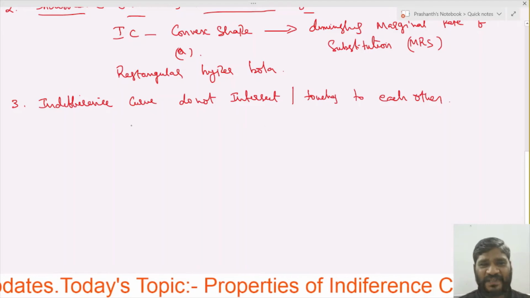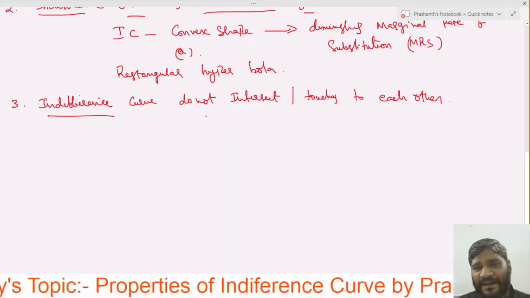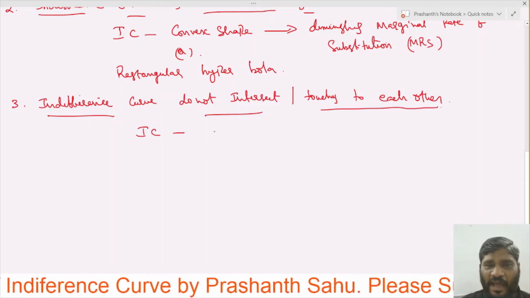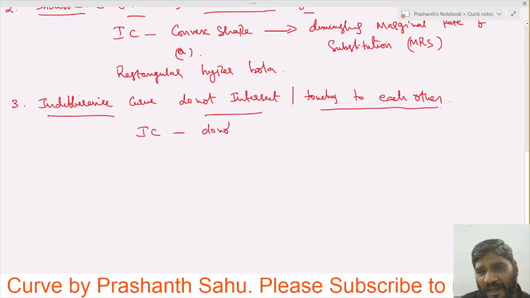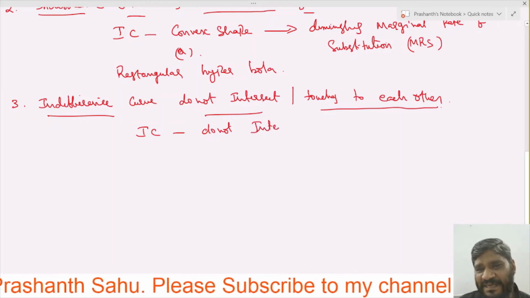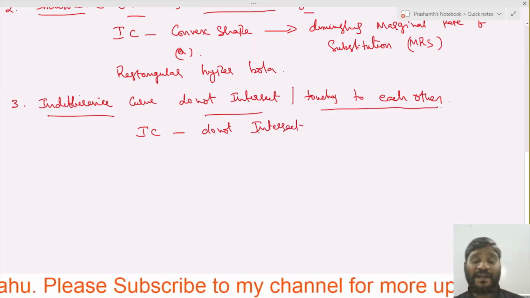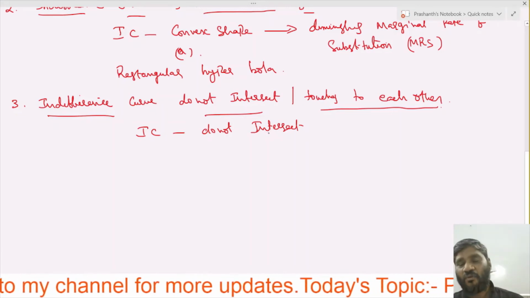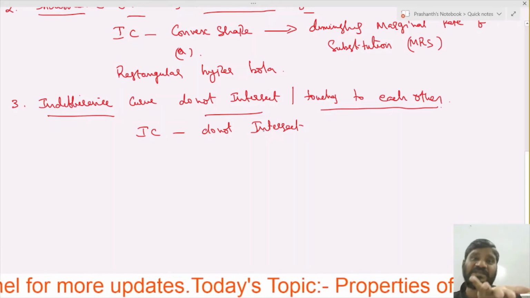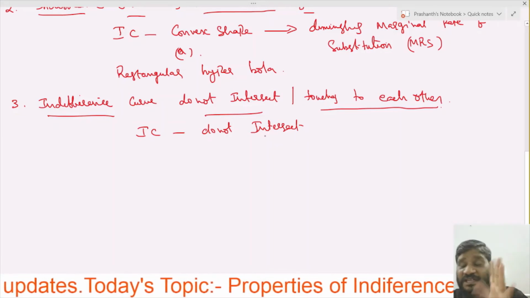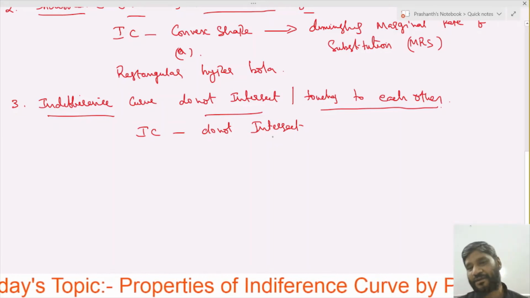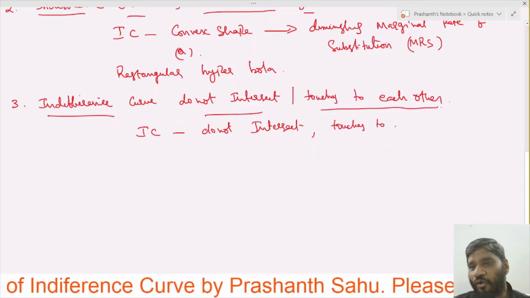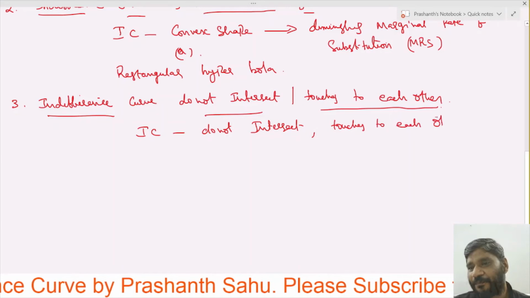So one indifference curve does not intersect or touch another. What is intersect? Intersect means one indifference curve does not cut another indifference curve. It does not intersect each other, and it does not touch each other.